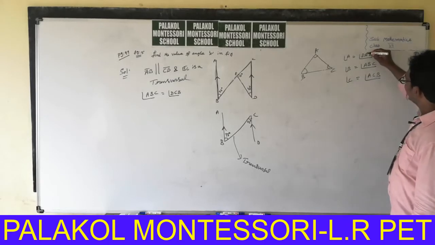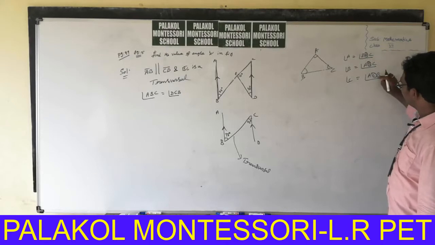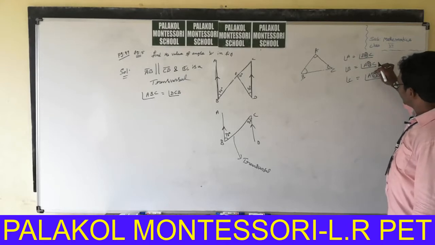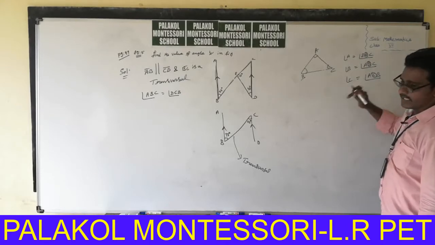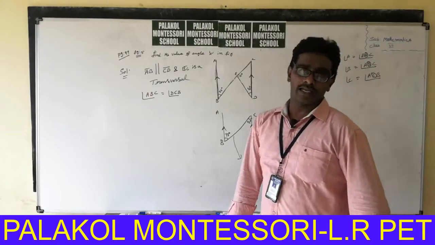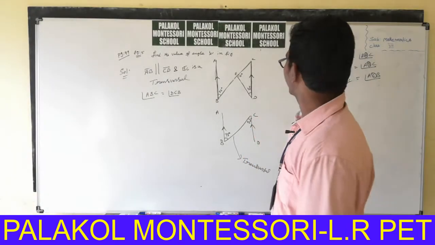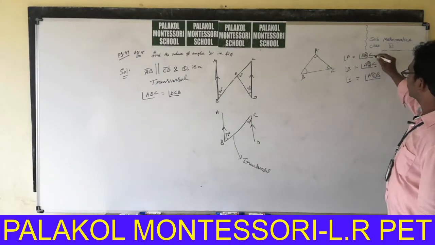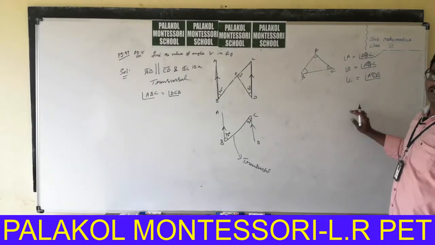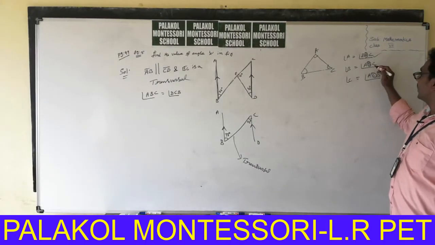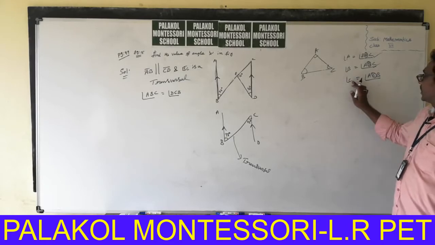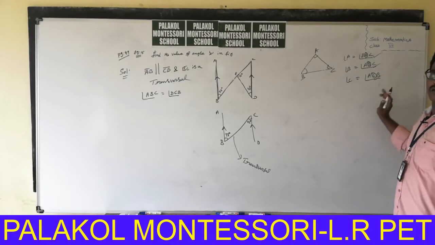So, here what is the middle letter? B. That means whichever letter is in the middle, that is the angle you have considered. Angle A, you can write this also. This and this are both the same. Angle B, angle ABC, this is correct. Angle C, angle ACB, this is correct.